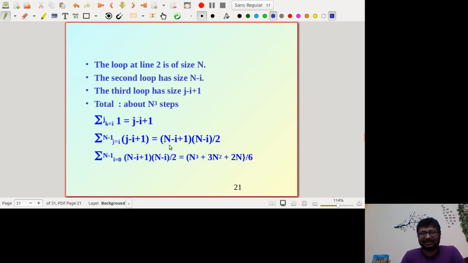And this is an arithmetic progression, and the sum is n minus I plus 1 times n minus I by 2.